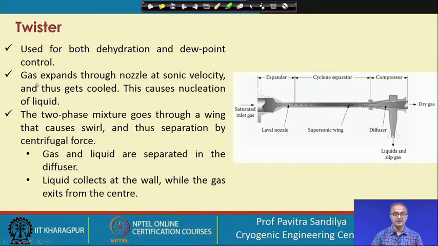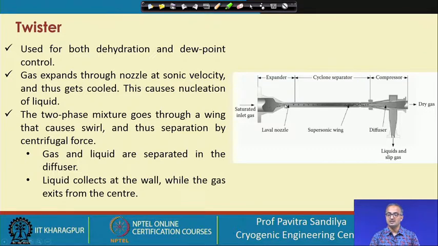First, the gas expands through the nozzle at sonic velocity and then gets cooled. This is called nucleation of liquid. So, here the gas is coming, it gets expanded to about sonic velocity, and this is the Laval nozzle. It is something like an hourglass, the one which we use to see the time. So, the shape is like an hourglass.